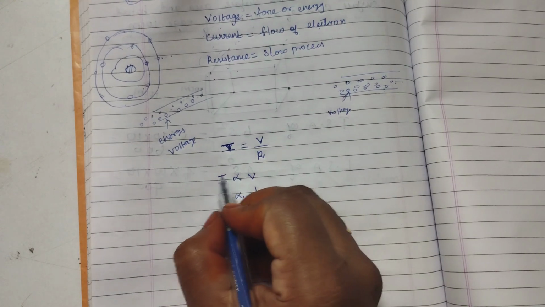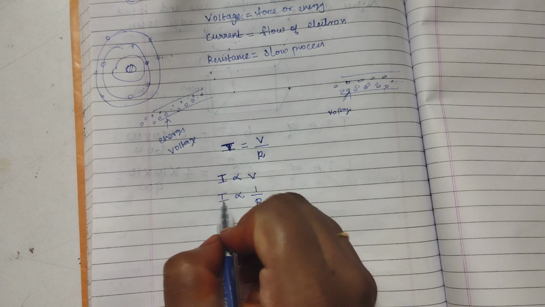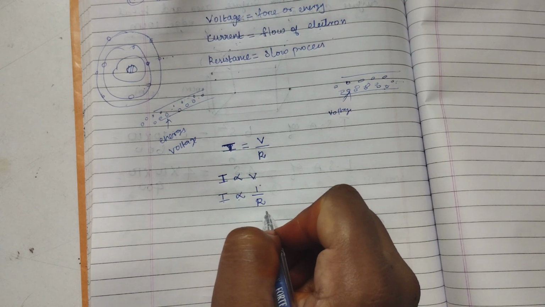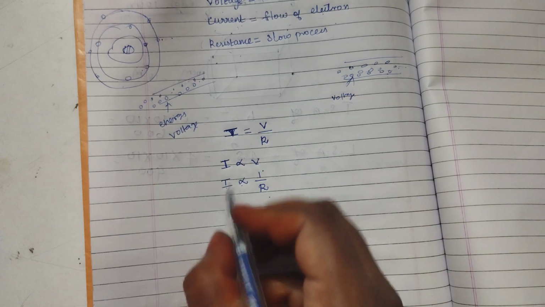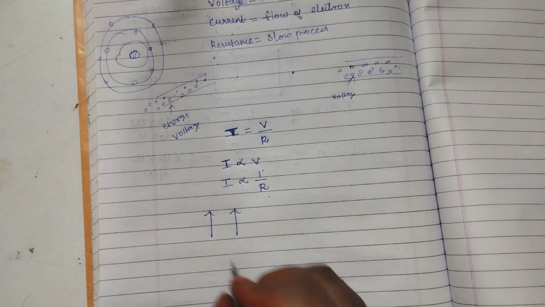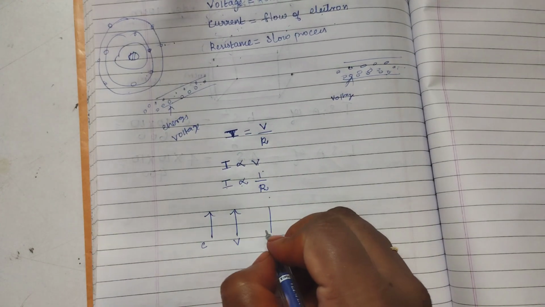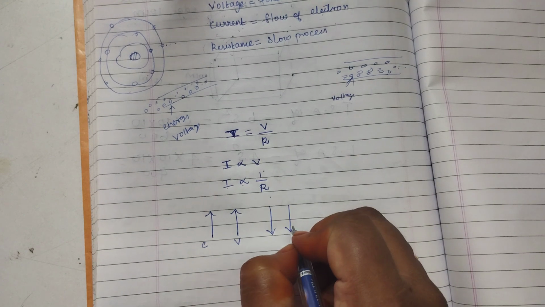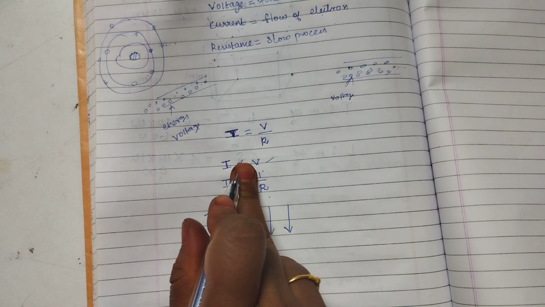For example, if you increase the current, the voltage also increases. If you decrease the current, the voltage also decreases. That is the meaning of current being directly proportional to voltage.